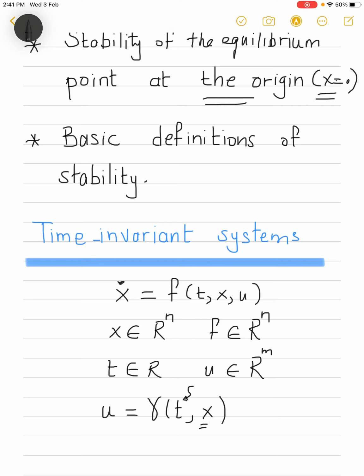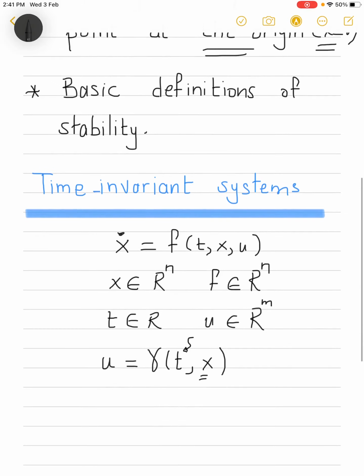So if we do that, then we can write the new modeling equation as x dot equals f of t and x, because if I substitute for u in the original equation, the resulting function will be just a function of time and the state variables.